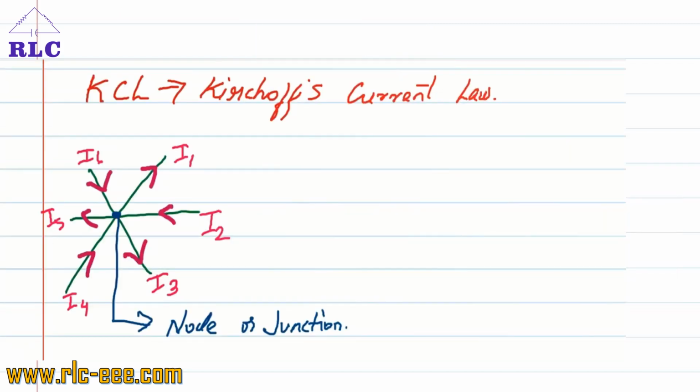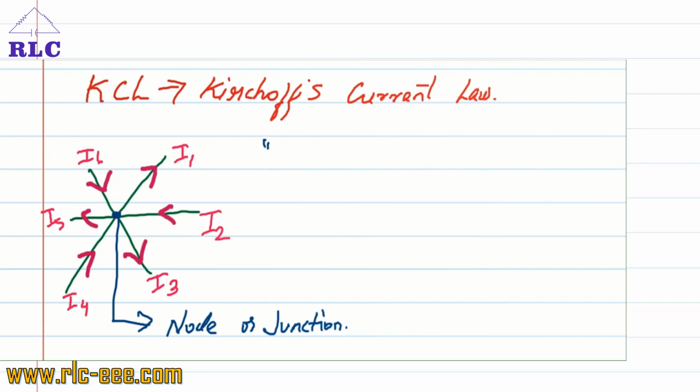Okay, what is KCL? KCL is Kirchhoff's current law. Consider a number of elements which are connected to a common point, that is called a node or junction. There is a current flowing in all the elements. How is it applied in KCL?